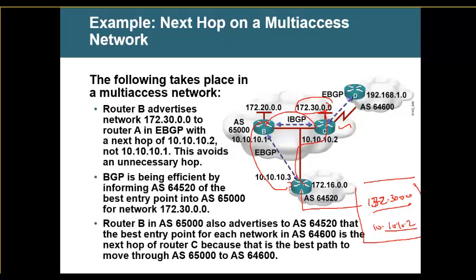So since it is directly connected, A's neighbor is C, right? So the default behavior from C to A, the BGP default behavior, the next hop should be 172.30, but it is not reachable, correct?